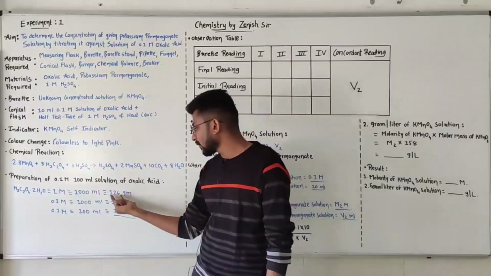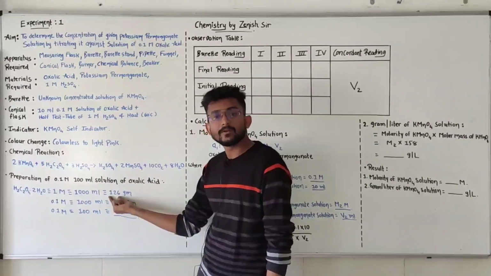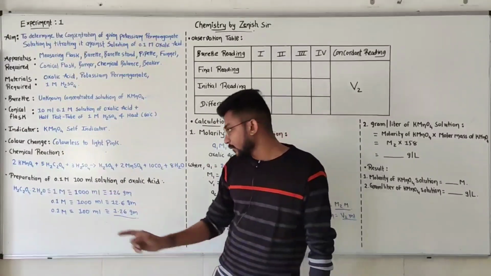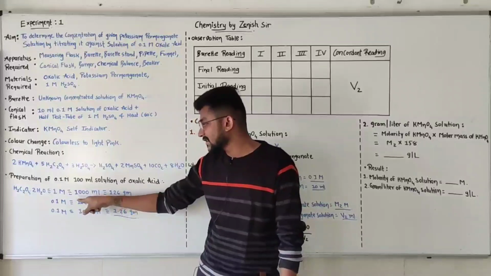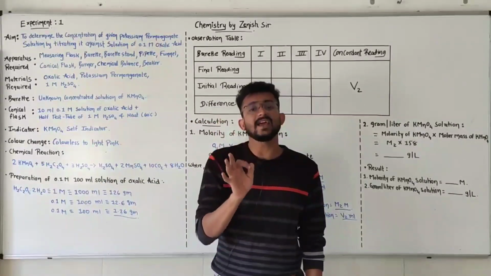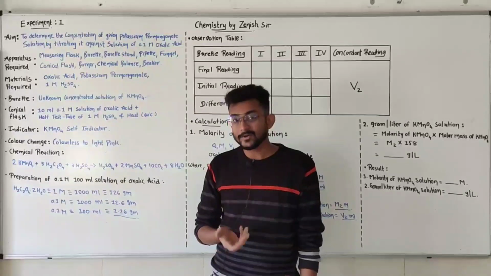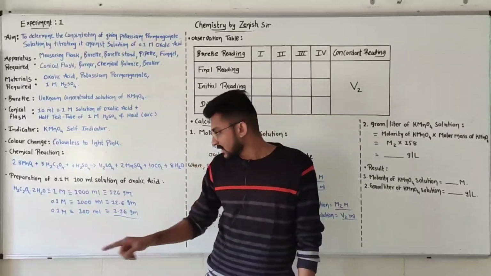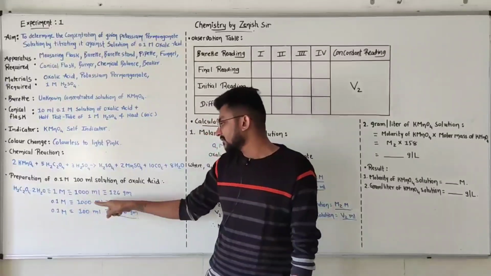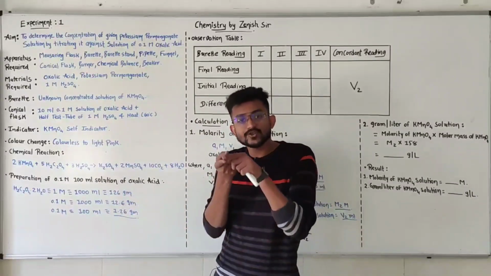And what will be the molecular mass of oxalic acid? It will be 126 gram. That's why to make 1 molar 1000 ml solution, we will need 126 gram of oxalic acid. But we do not want 1 molar, we want 0.1 molar. That's why 0.1 molar 1000 ml will require 12.6 gram. We have to shift 1 point.